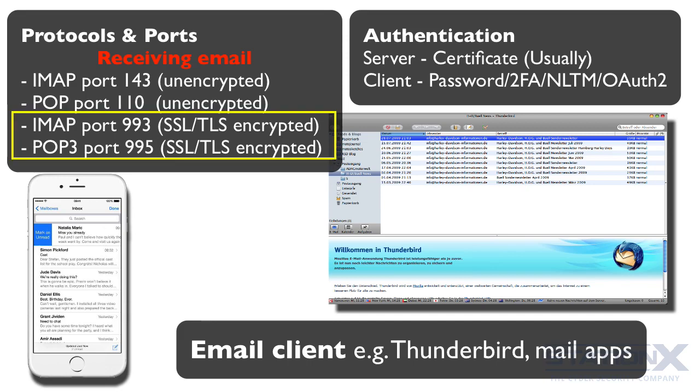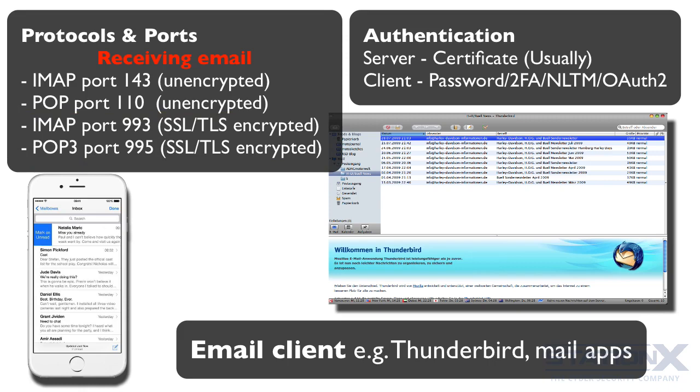And those are the two that you want to go after for receiving email. IMAP port 993 and POP3 port 995. Now, some email providers may put those on different ports, but those are the de facto port numbers. But what is important is that they're both running SSL and TLS.